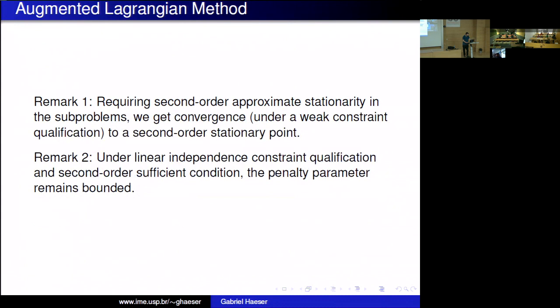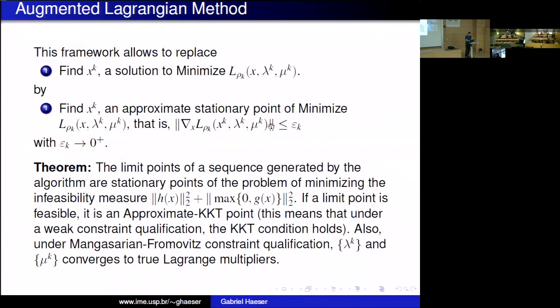And I will end this part with these two remarks. In the sub-problems, instead of requiring first-order stationarity, as I did here, I could require an approximate first-order stationarity. I could require a second-order stationarity for the sub-problem. I could stop this algorithm not only with the gradient close to zero, but with the Hessian of the Lagrangian close to being a semi-definite matrix.